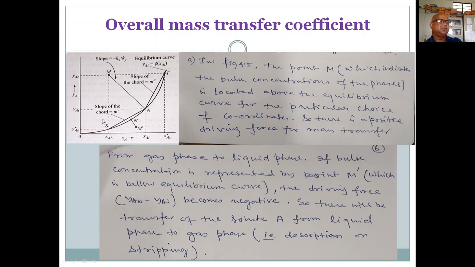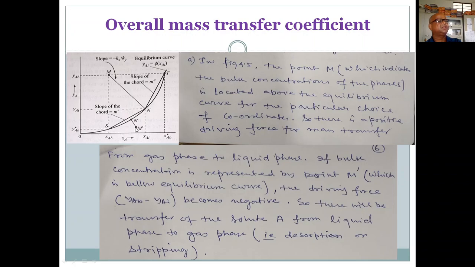Now we have considered M dash M, absorption, from this point to this point. Now let's take another point, where XAB is this and YAB is this. That means the liquid phase concentration is high and the gas phase concentration is low.